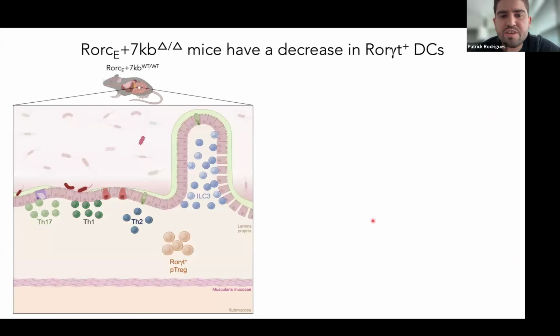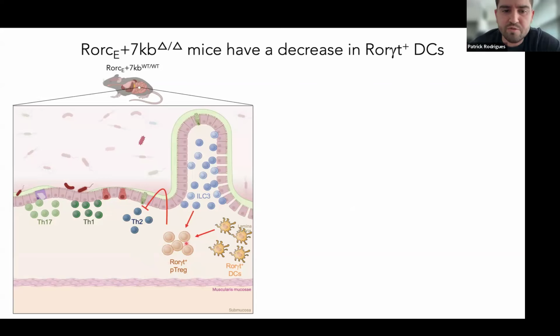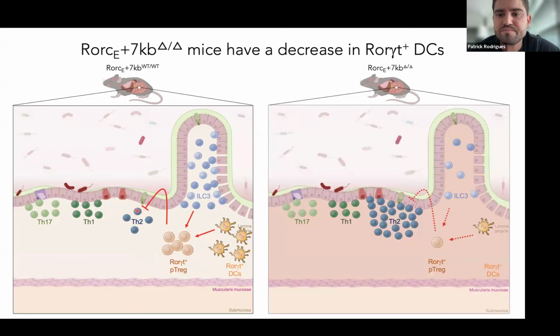So, taken together, what we can say is that in the wild-type counterpart you also find RORγt DCs, which might also be important for the priming of the pTreg compartment. Whenever you are able to induce this tolerogenic immune cell subset, you will also have an immune suppressive action towards the Th2 compartment.